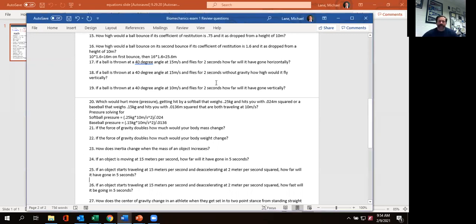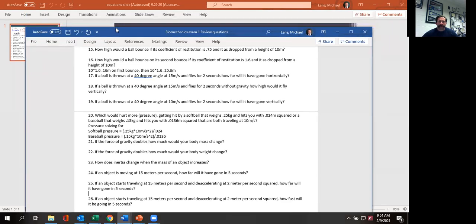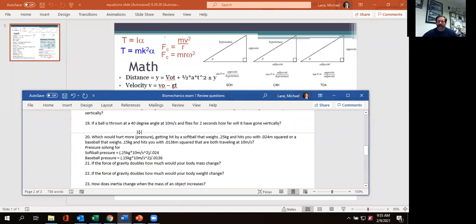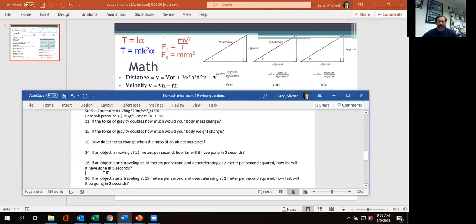All right, so what we have here is going to straight up be a distance formula. So what we're trying to find is how far it has gone. So we just have an x equals, okay, for 25, our initial velocity is going to be 15 meters per second, and it's going to do that over 5 seconds.